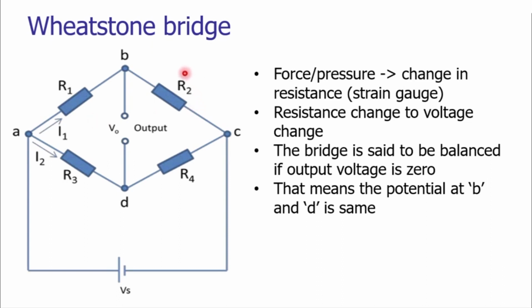That change in resistance may be due to some external factor. It may be due to force, pressure, or temperature change. In this way, the passive signal coming from the sensor is converted into an active signal that may be useful for the microprocessor application.